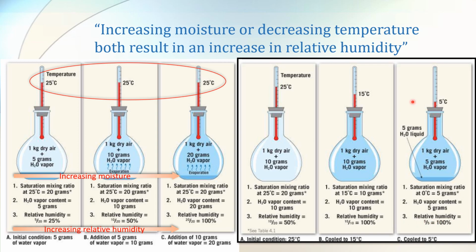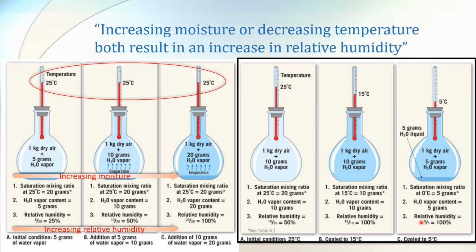And then the further cooling actually just made the water vapor condensed, but the relative humidity is still the same. So in nature, this is an important illustration that when saturated air cools in the atmosphere, some of the water vapor condenses. So it condenses to form clouds, dew, fog.